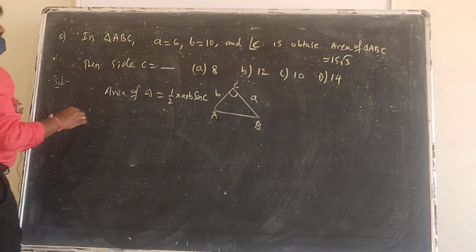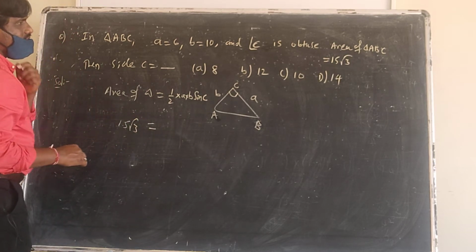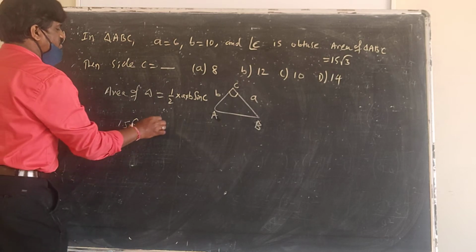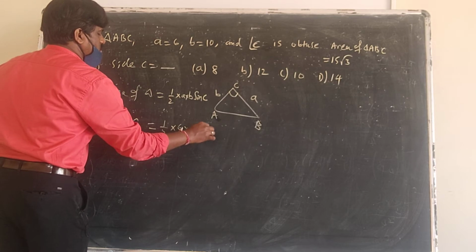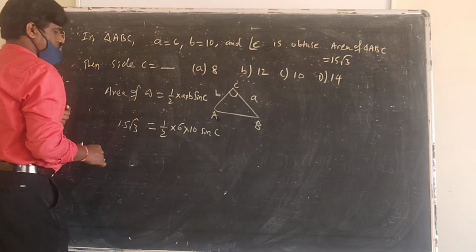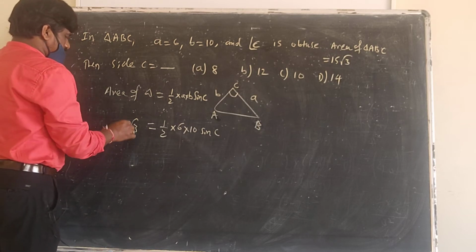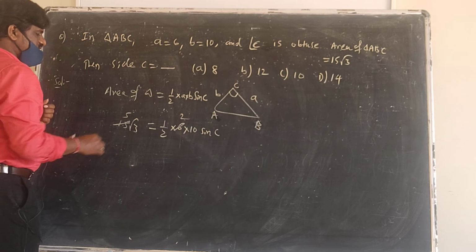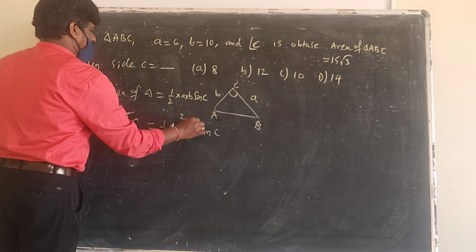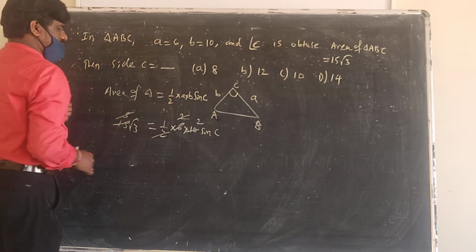Here the area of the triangle they have given is 15 root 3. This is equal to half into A, which they have given as 6, B, which they have given as 10, into sine C. So you can try cancellation here: 3 fives are 15, 3 twos are 6, cancel out, and so on.